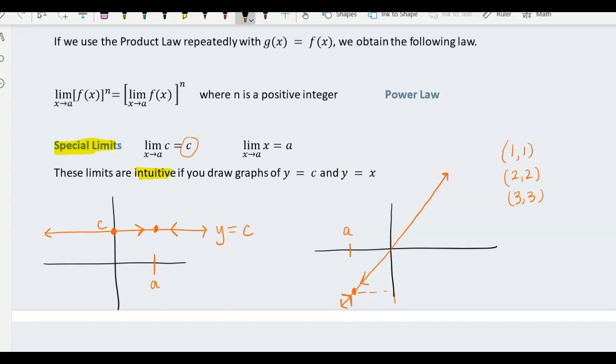This output value here is also going to, if this is negative a, this would be negative a, right? Or if I had positive a here, then this would be positive a here. All it's saying is because the x and the y values are the same, when I take the limit, the output value is going to be the same as the number that we're approaching.